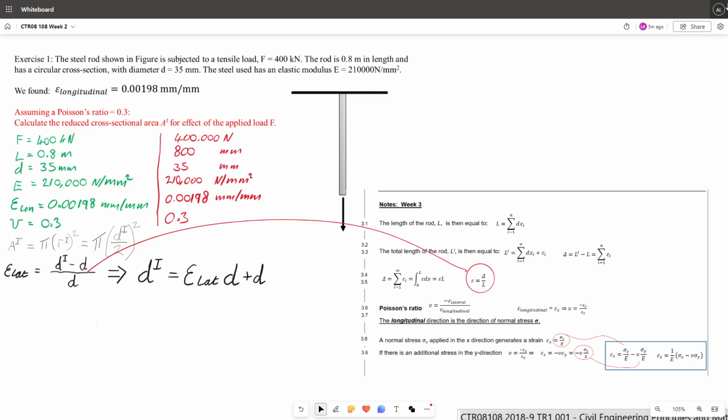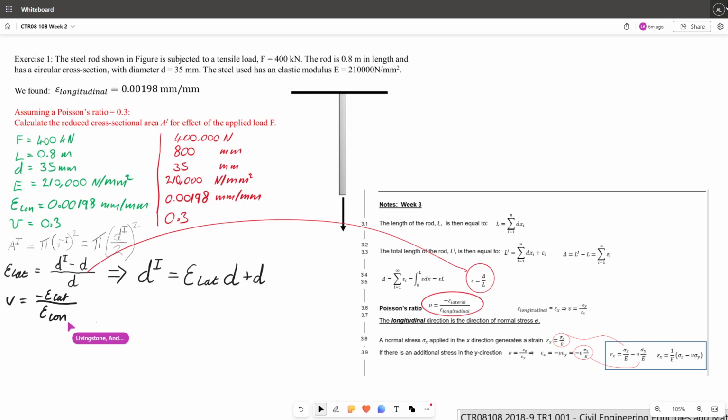I know the equation for Poisson's ratio. So I'm going to use that. I know that equation.